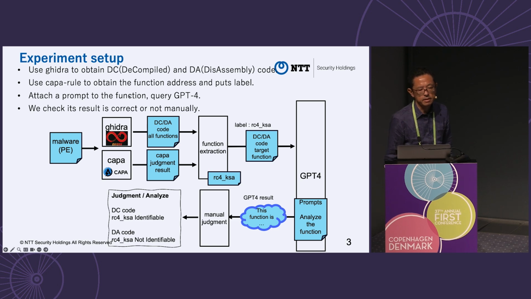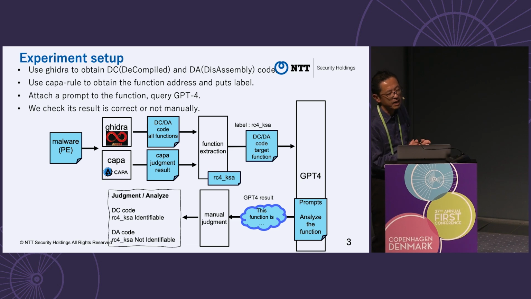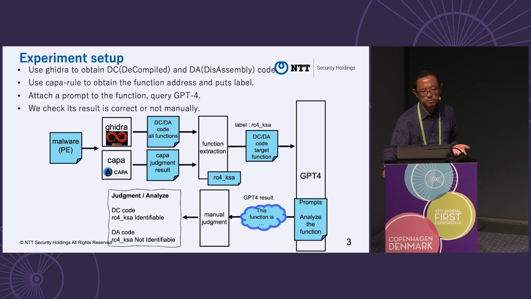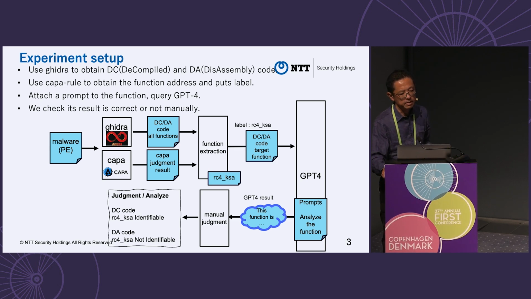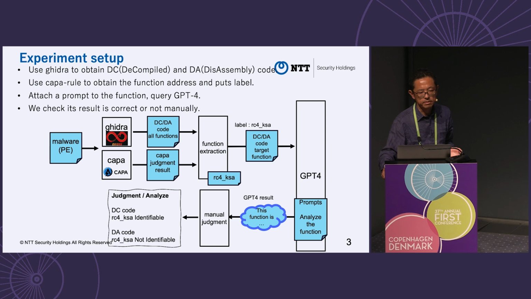First I explain the setup. We use Ghidra to obtain the decompiled and disassembled code. Second, we use the capa rules to obtain the target function address and put a label according to capa.